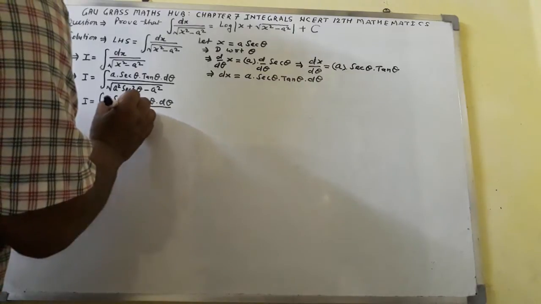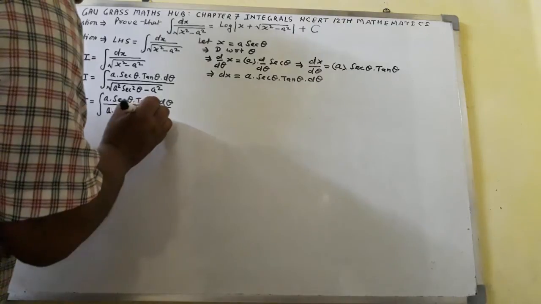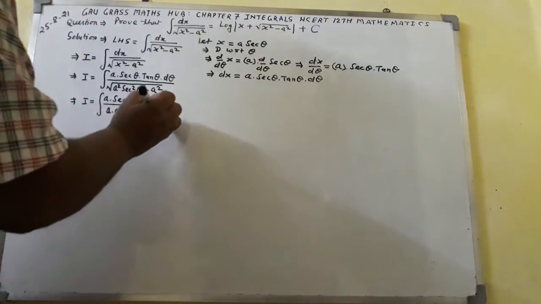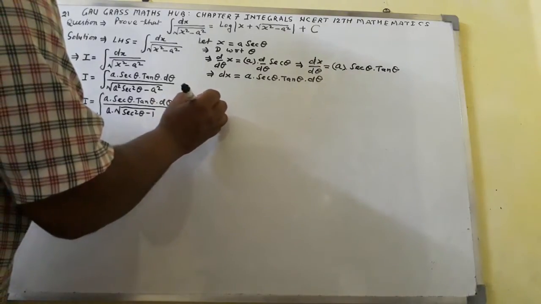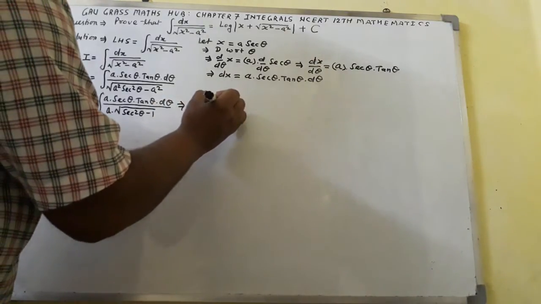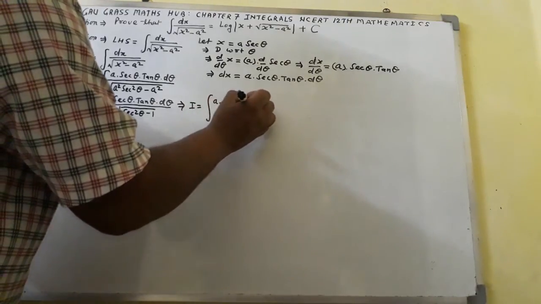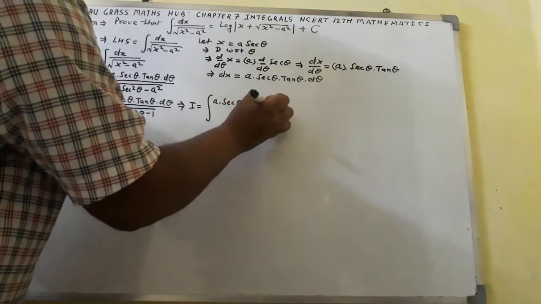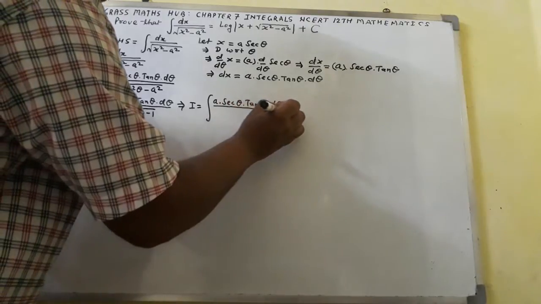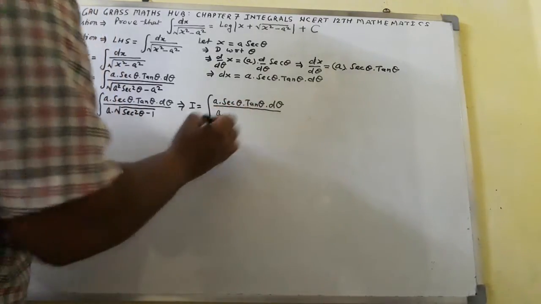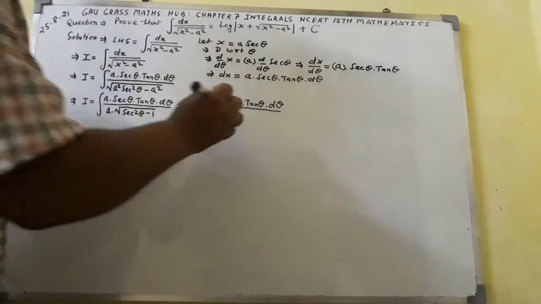In the bracket you will get sec square theta minus 1. So I equal to the integral of a sec theta tan theta d theta whole over a times under root sec square theta minus 1, which comes out to be tan theta.